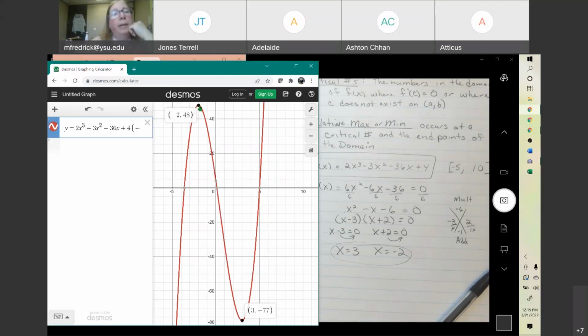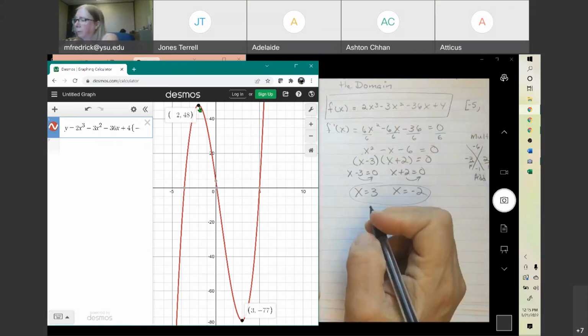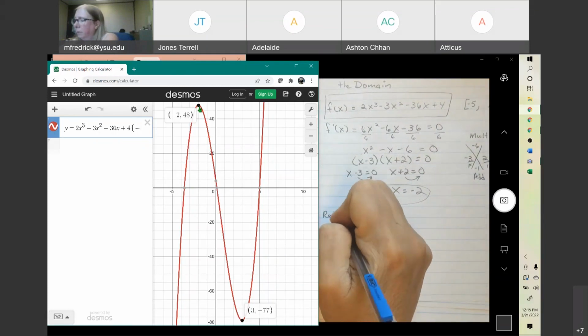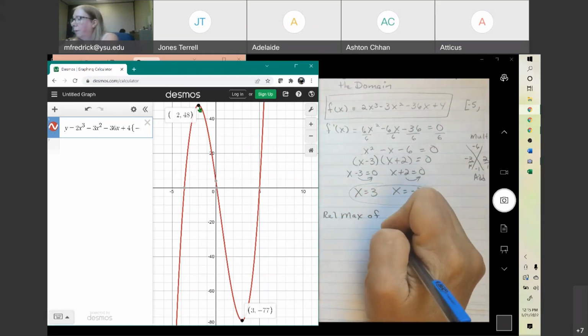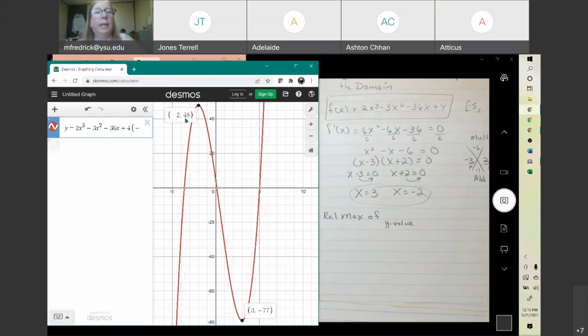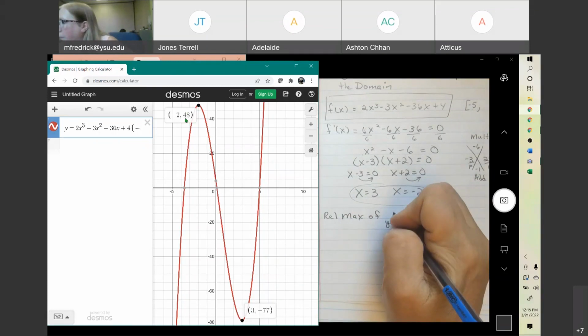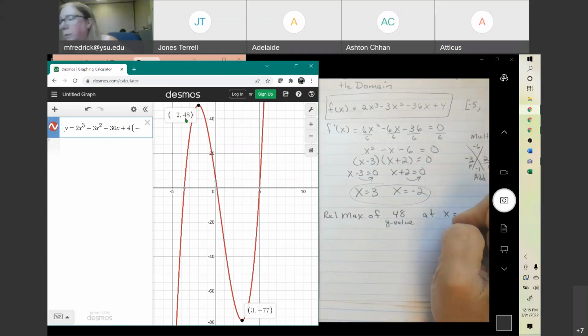This one would be a max because it's a high point on the graph. So it's called a relative max. Relative max of, and then you give the y value, which is 48, at x equals -2.